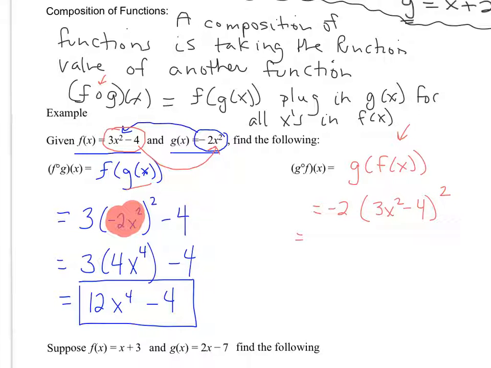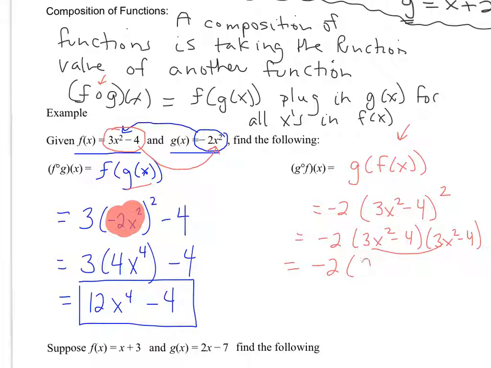So now doing our algebraic simplifications. We know 3x squared minus 4 squared is 3x squared minus 4 times 3x squared minus 4. So I'm just writing it twice. And then I'm going to FOIL those two things.